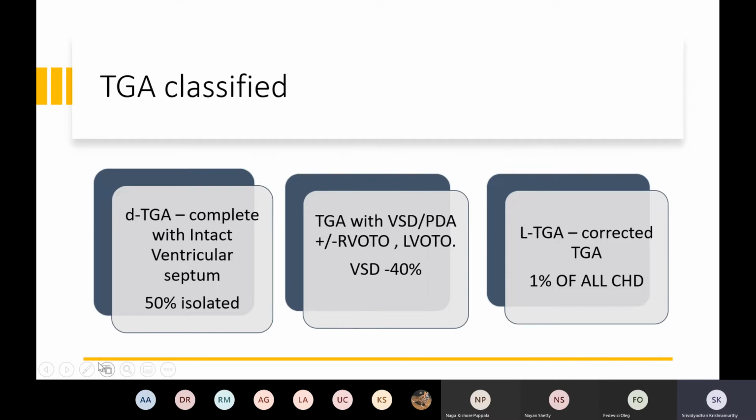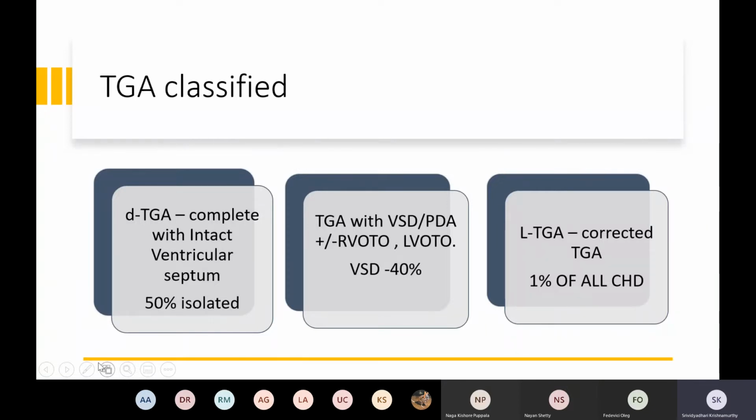Then the TGA is associated with other cardiac abnormalities that include VSD, PDA, or right ventricular outflow tract obstruction or left ventricular outflow tract obstruction. Now, in TGA, the right-sided obstruction would include your coarctation and hypoplastic arch, that spectrum.